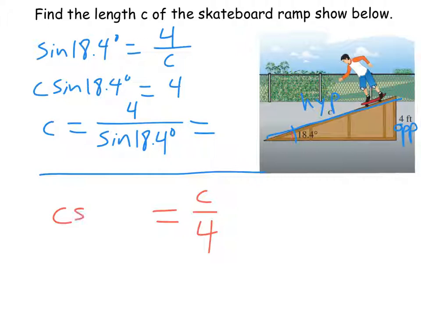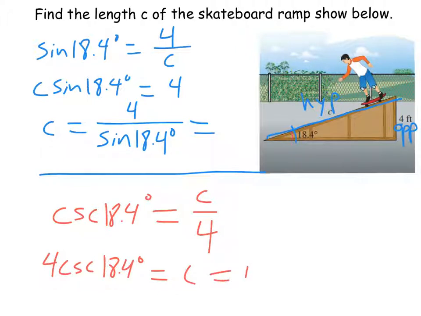This is where a reciprocal trig function can be kind of nice. If I had used cosecant instead of sine, then the unknown for c, I should say, would stay on the top, and I can just do 4 times cosecant of 18.4 degrees, and that is the length of your skateboard ramp, which would be about 12.7 feet.